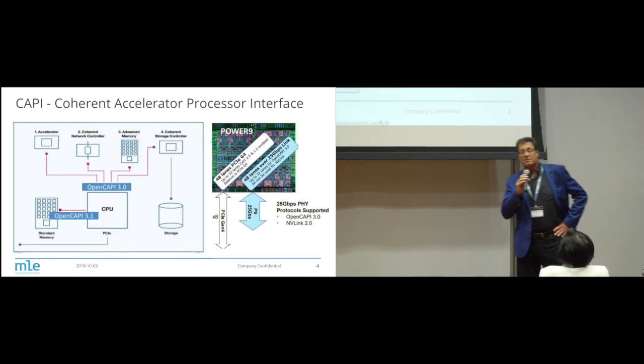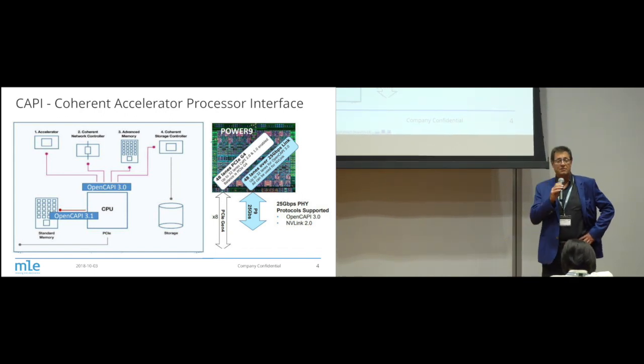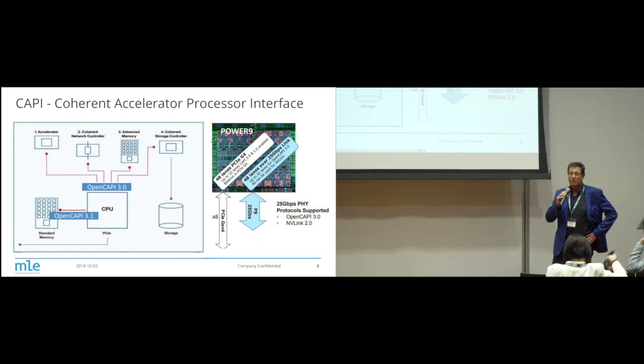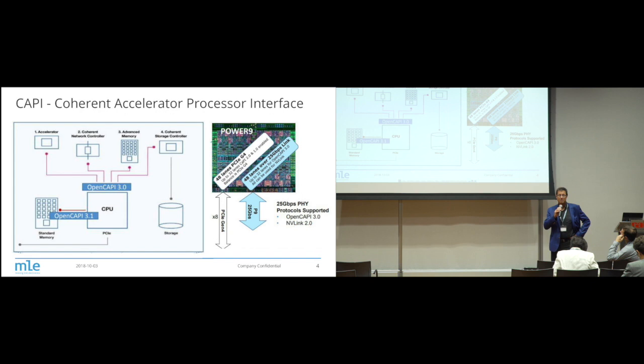One of the reasons that developed when we sketched out this work was that Power not only has these CAPI connects, but also these PCI Express Gen 4 links. And today, most of the hardware you can buy is PCI Express based.